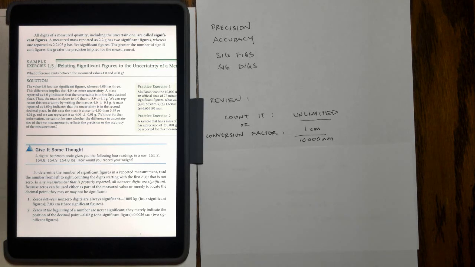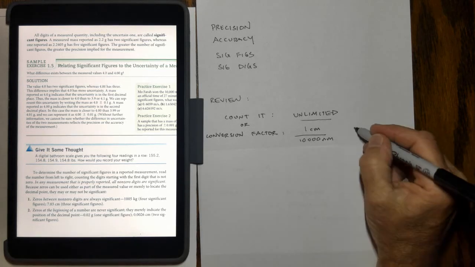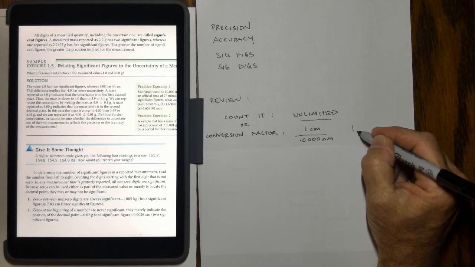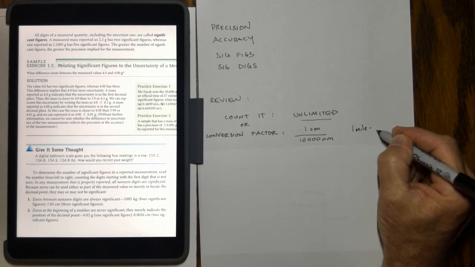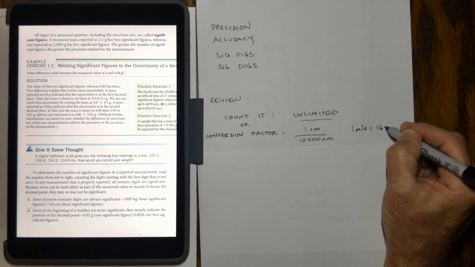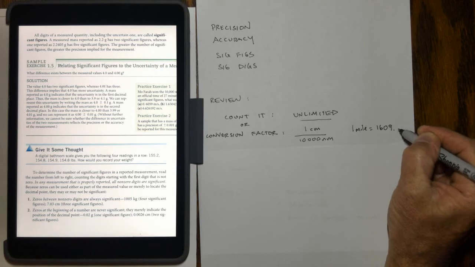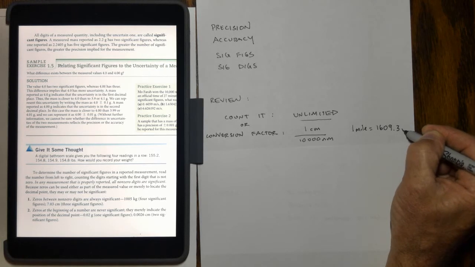Now, there are some conversion factors between the English and metric system that would limit the number of sig figs. For example, in 1 mile, there are 1,609.3 meters.